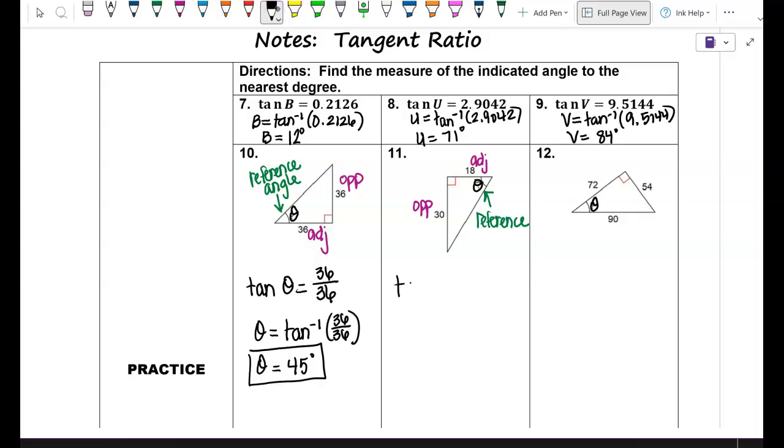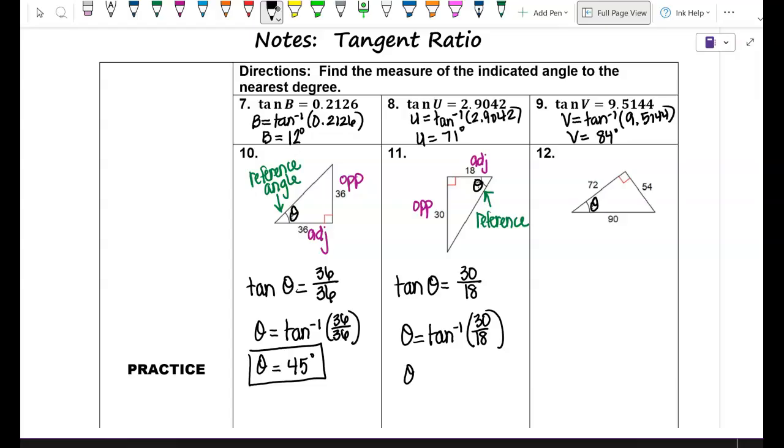So the tangent of theta is 30 divided by 18. Opposite over adjacent. And again, I don't want to know what the tangent of theta is. I just want to know theta. So theta equals the inverse tangent of 30 divided by 18.